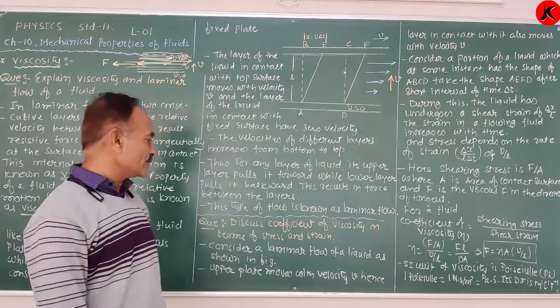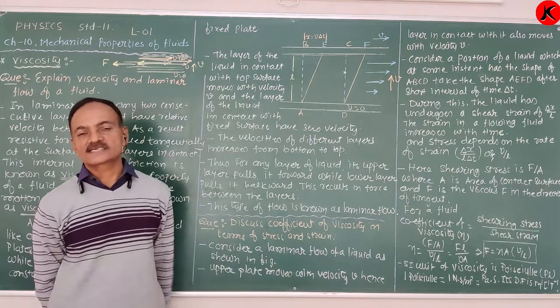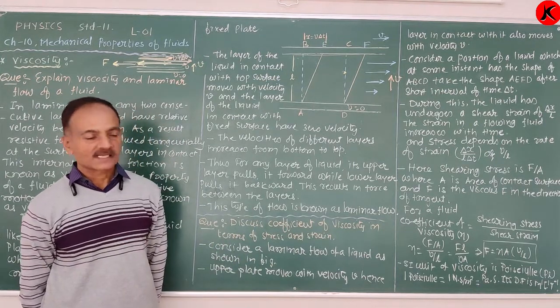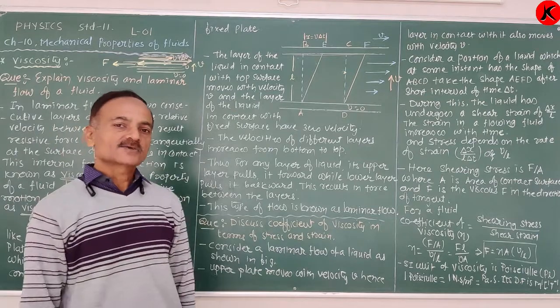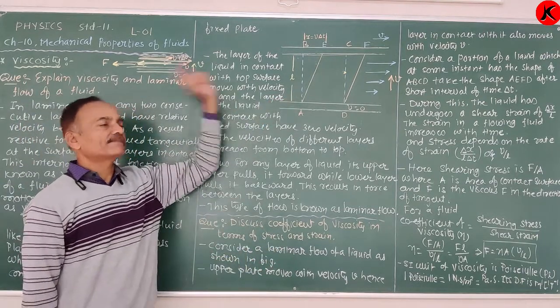Now we are interested in deriving the equation of the coefficient of viscosity in terms of stress and strain. For that purpose, consider a laminar flow of a liquid as shown in the figure.